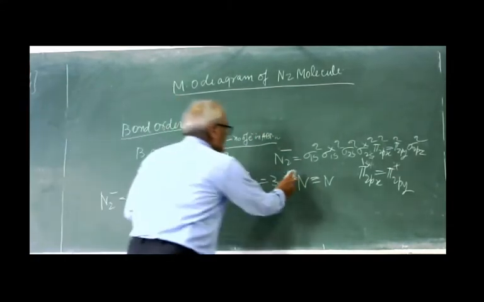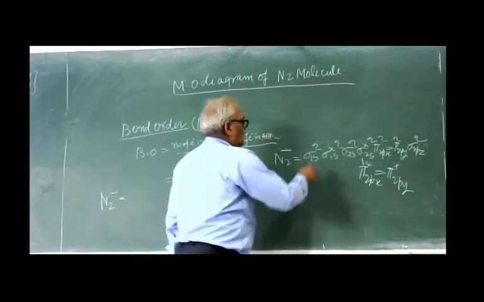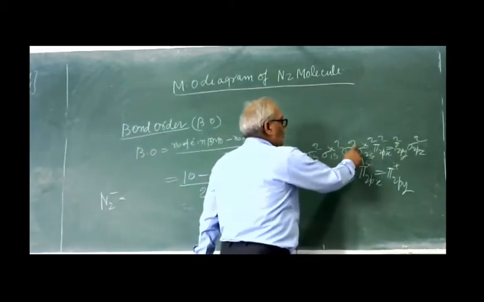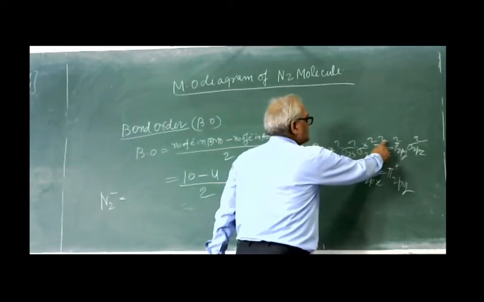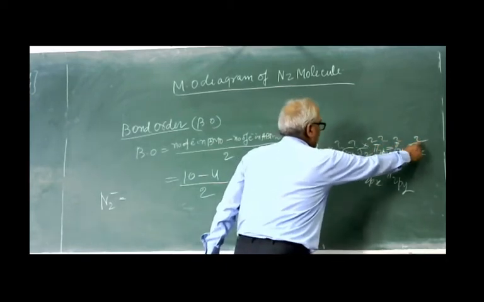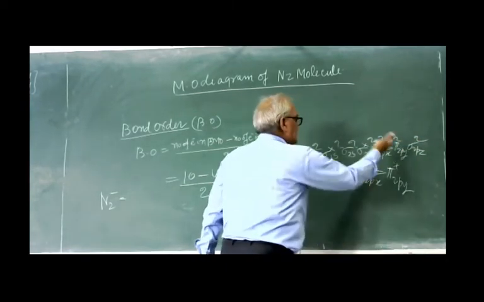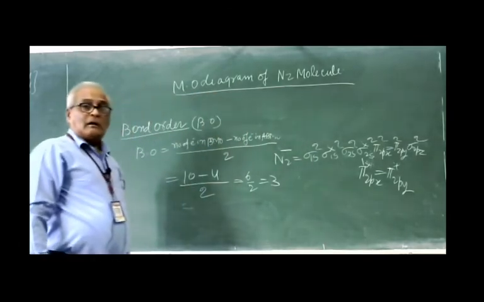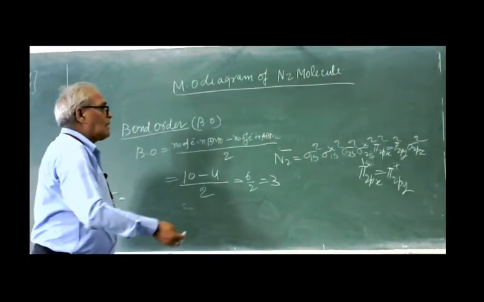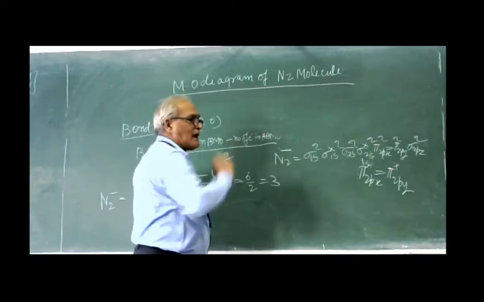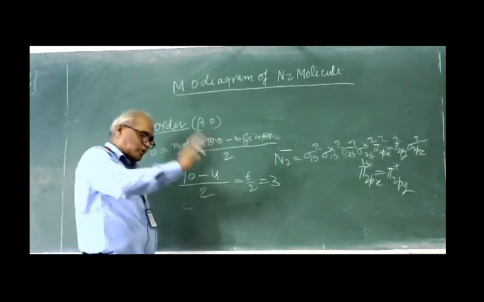Just see here, 2, 4, 6, 8, 10, so 10 electrons are present in the bonding molecular orbital, like nitrogen.